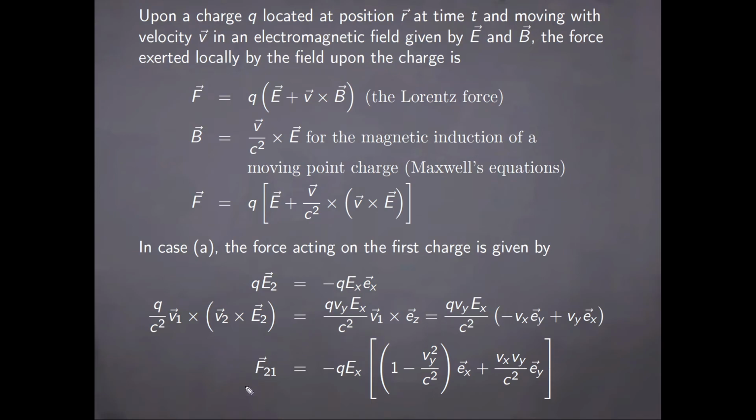So adding the two together, we obtain the total force which charge 2 exerts on charge 1. And the first thing that we observe is that this force is not directed along the line joining the two charges. It has a component along that line, so along the x-axis, but it also has a component along the y-axis.